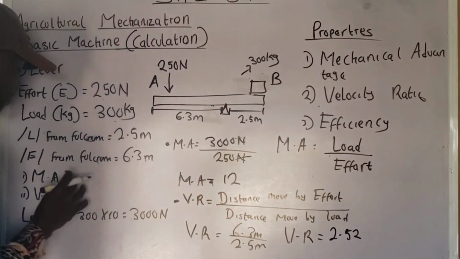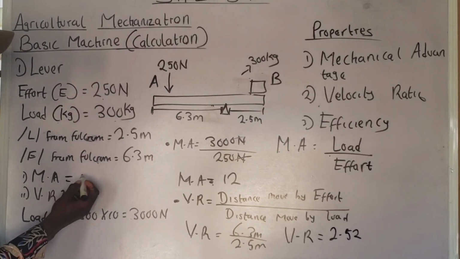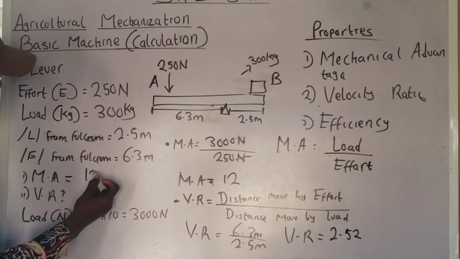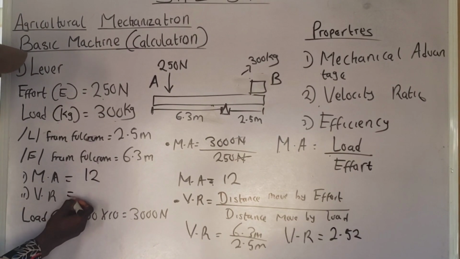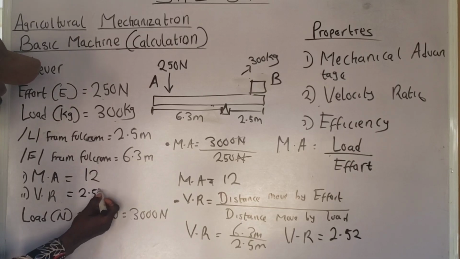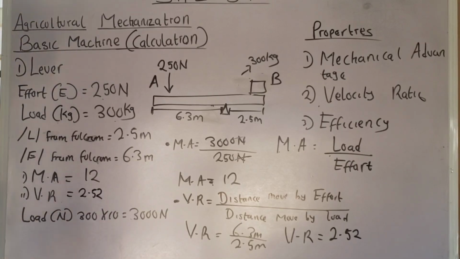Now, the mechanical advantage is equal to 12 and the velocity ratio is 2.52. Now, let's say you are asked to determine the efficiency. Efficiency is given by this formula: mechanical advantage all over velocity ratio multiplied by 100. Though we are not asked to determine the efficiency, in some cases you might be asked to.